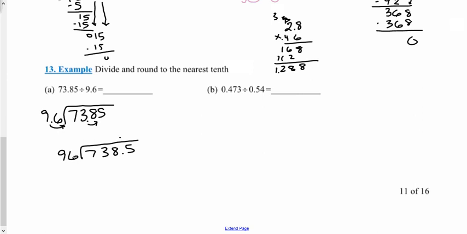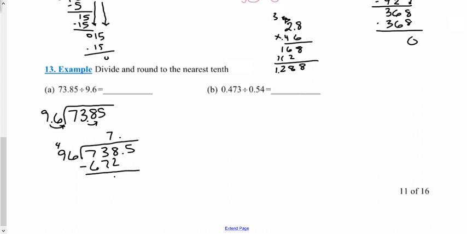And now we've got to start trying to fit 96 in here. So 96 doesn't go into 7, doesn't go into 73. It will go into 738. Probably 7 times. Let's make a guess of that. 42. 63 and 4 makes 67. Now when I subtract these, if I get a number bigger than 96, it means I better bump this up one.